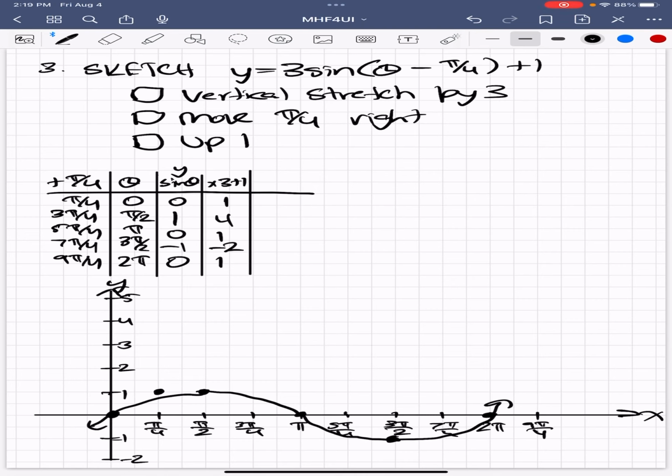We have 3 pi over 4 and 4. We have 5 pi over 4 and 1. We have 7 pi over 4 and 2. And we have 9 pi over 4 and 0. Oh, I mean 1, I'm sorry. Sorry, I'm used to the original sine function. That's what I was saying there.